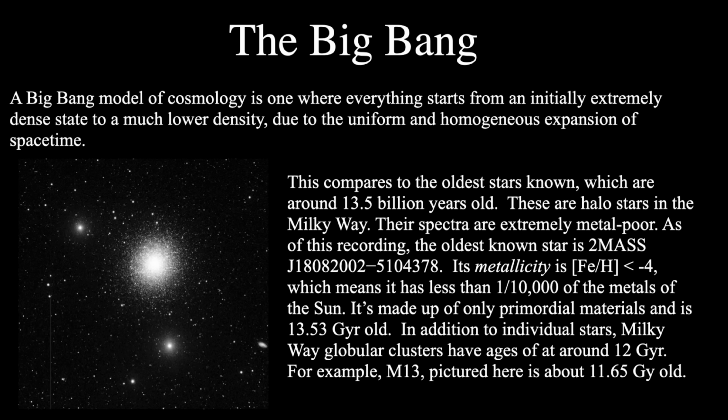Now, this 2MASS star has extremely low metallicity, but it's in a binary system. So maybe it's a population 3 star that is in a binary system. And population 3 binaries could be around today due to mass transfer when one of the stars in the binary aged, filled up during the asymptotic giant branch, expanded to a very large size, and dumped some material from one star onto the other, altering its future history.